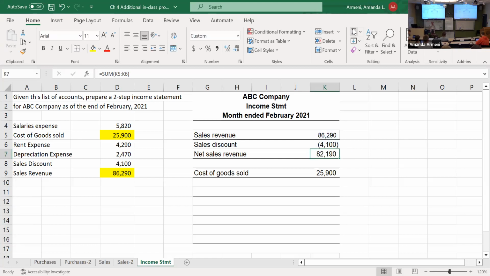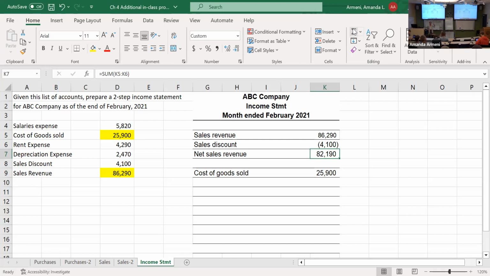If you don't have that step in your income statement, I would be okay with that, as long as you remember to put the discount right next to the sales revenue. The general rule of thumb: if it's a contra account, when you are trying to figure out where it goes in the financial statements, you put it right next to what it is contra to, okay?